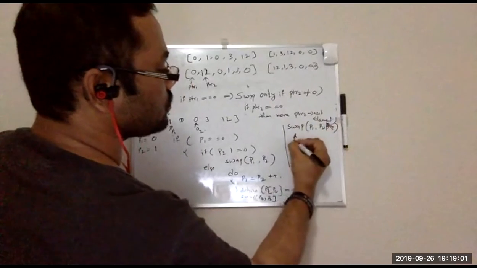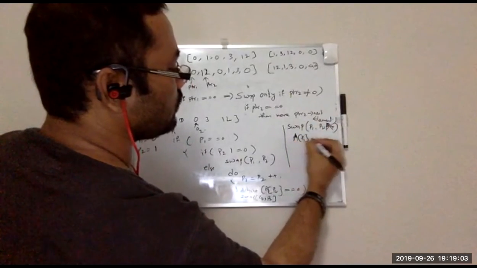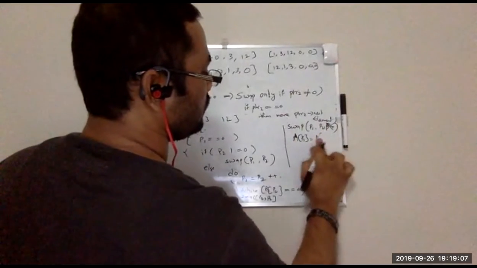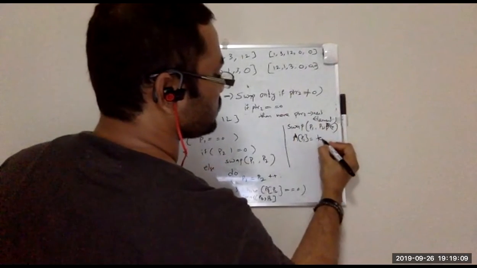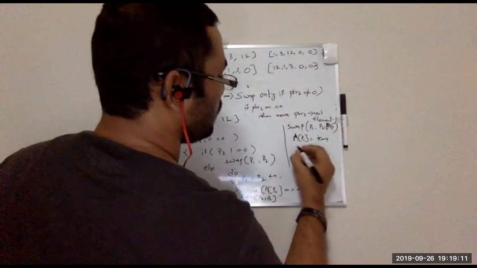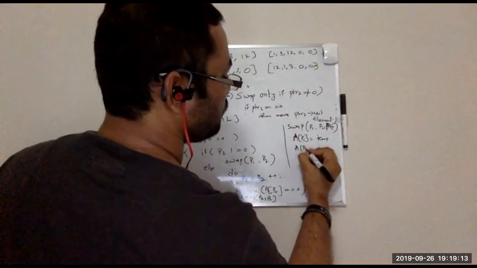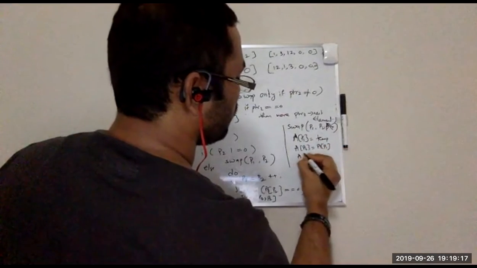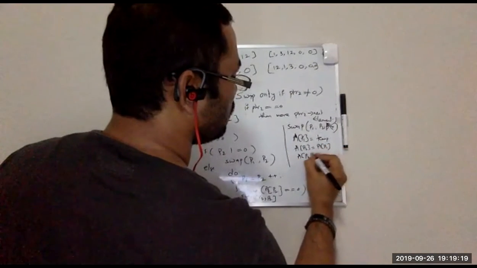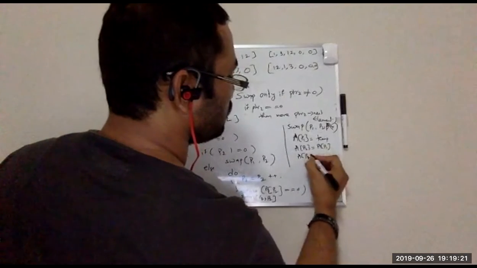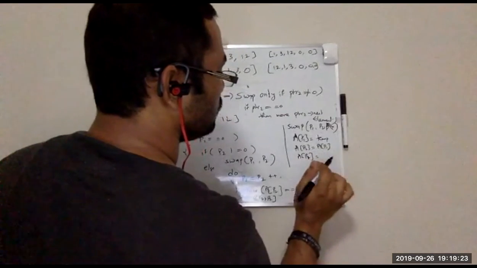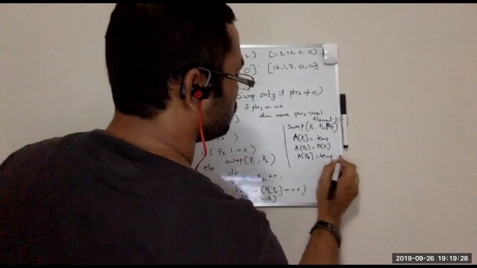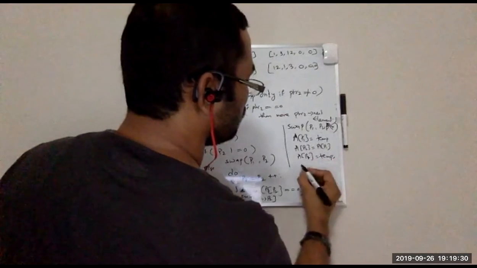So A of P1 is equal to, say for example, we just store it in a temp value, and A of P2 is equal to A of P1, and A of P1 is equal to what we store in this temp value.